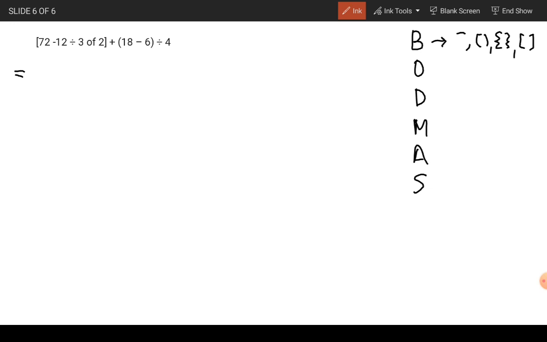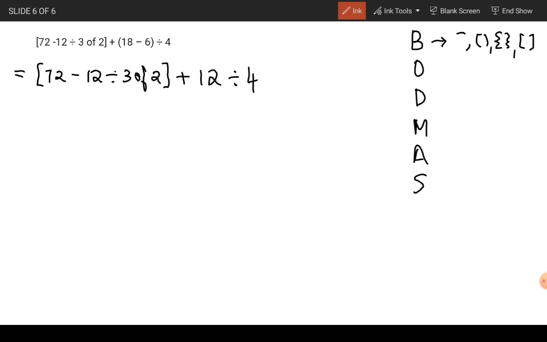So my next step will be, in the square bracket I write 72 minus 12 divided by 3 of 2, close the square brackets, plus I solve the parenthesis first. So 18 minus 6 is 12 divided by 4.